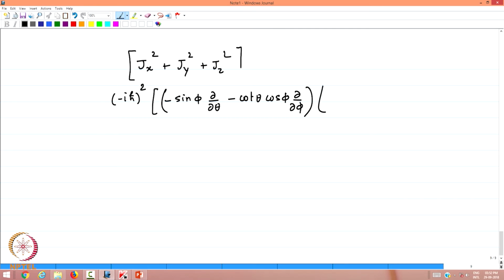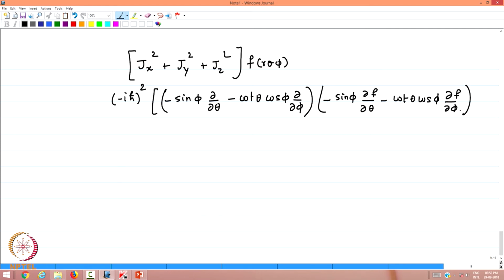If you want to write a function here on r, θ and φ, it is acting on this function: minus sin φ ∂f/∂θ minus cot θ cos φ ∂f/∂φ.